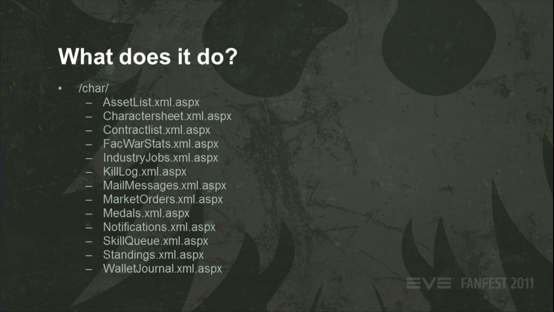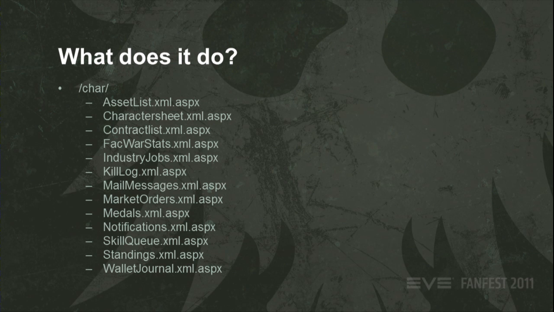Then next up are the important ones for most people. It's what you really want to use the API for. It's all the character-specific data that your user wants, like EVEMon, the asset manager. They use these calls to present live data. So you can see we have, for instance, up here the asset list, the character sheet, contact list.